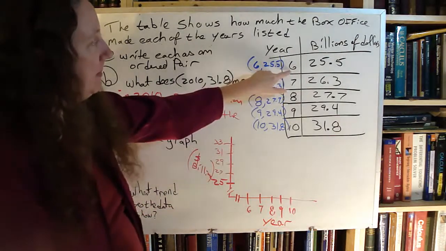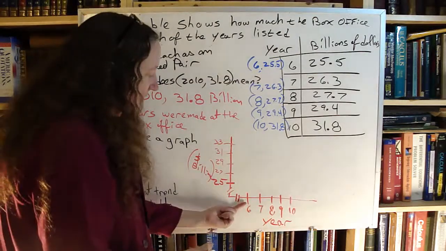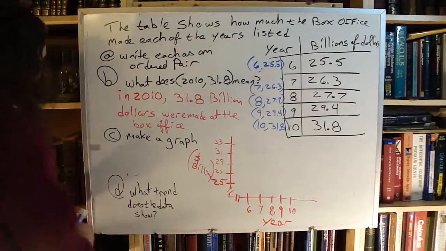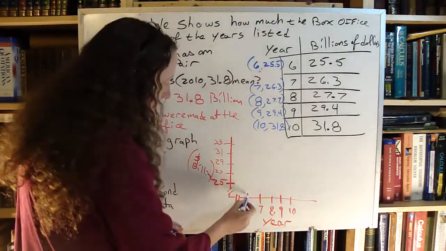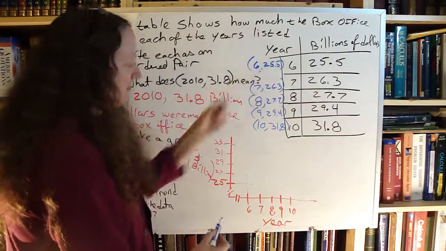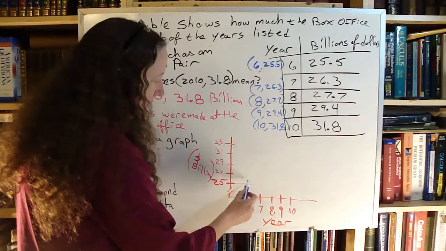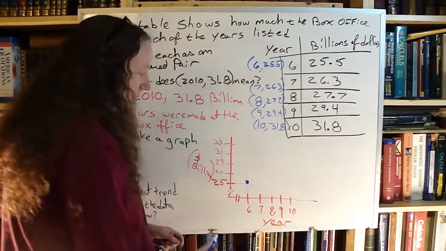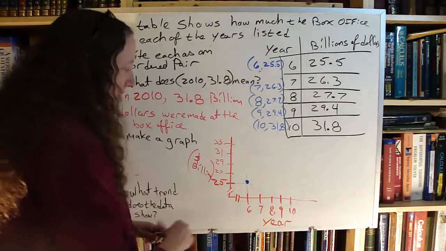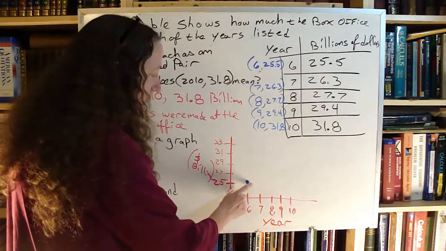Now I need to plot my points, 6, 25.5. So I have my 6 here, I have my 25 there. But I want it to be 25.5, so I find 26 also, and I put the dot between 25 and 26. Get rid of my extra markings. I should have made them a little lighter, but I want you guys to see them.